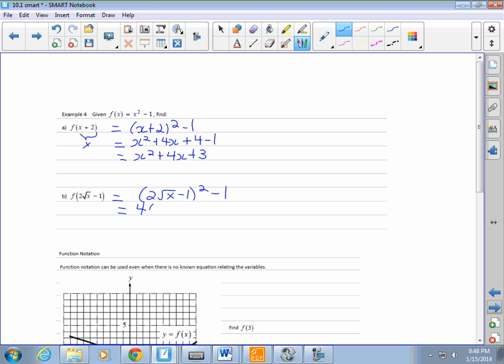Square root of x squared is just x. My middle term is multiplying everything together: 2 square root x times negative 1 times 2 is negative 4 square root x. And then I square my last term, negative 1 squared is positive 1, and then I have my minus 1. So this is 4x minus 4 square root x.